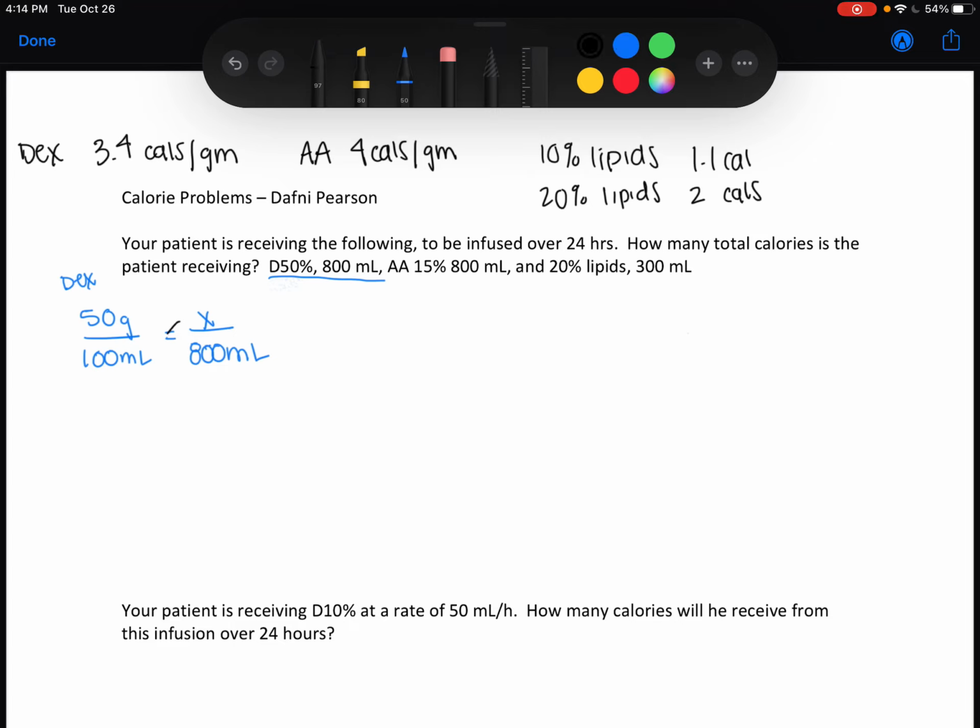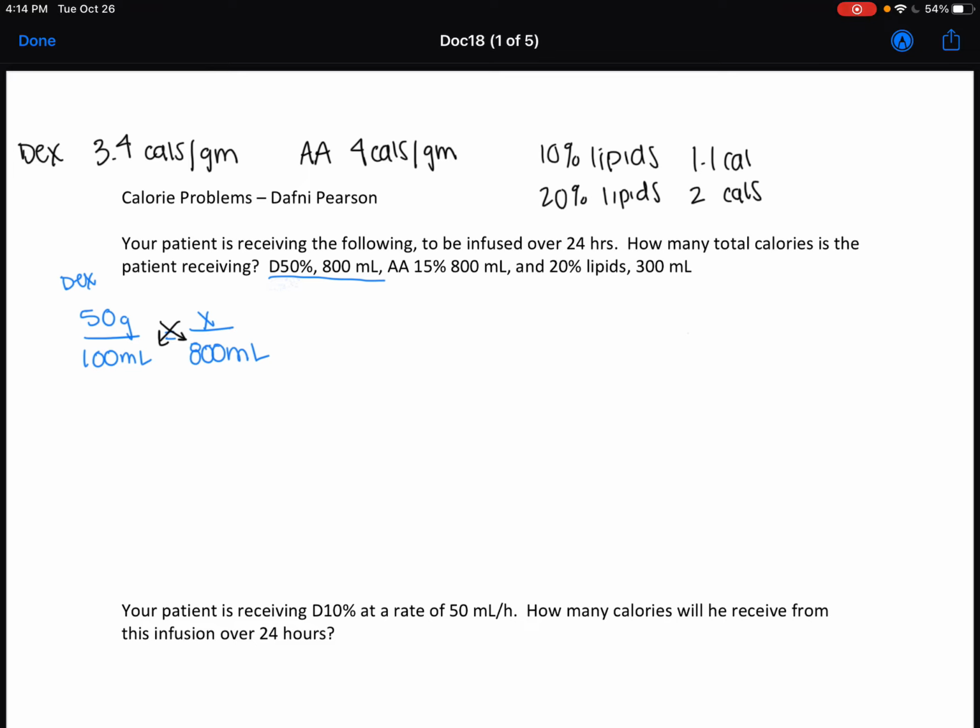So we cross multiply here and here, and that gives us 100x equals, this is when you need to get your calculator out, 800 times 50 equals 40,000.